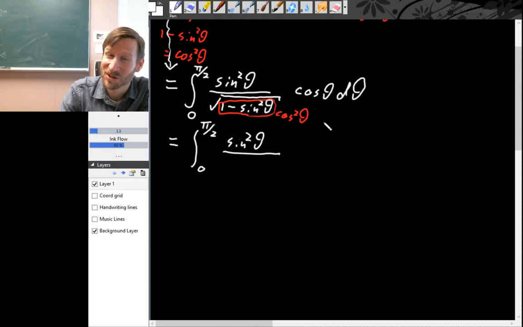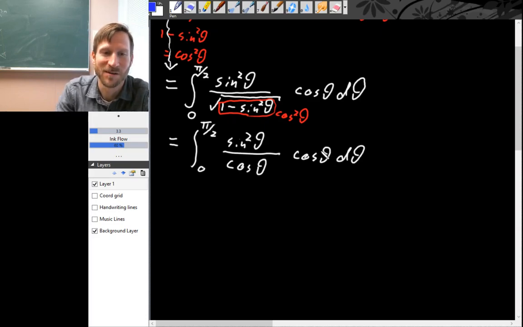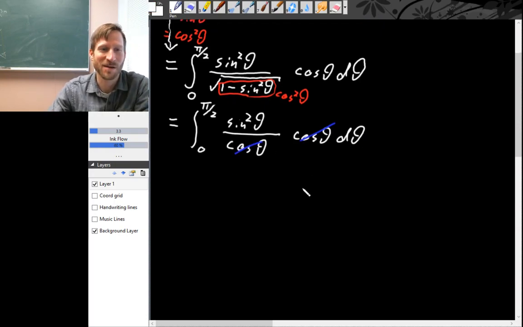Actually, it's the absolute value of cosine theta. But on this interval from 0 to pi over 2, cosine is positive, and so we don't need to write down the absolute value. We can just write cosine theta. Okay, and then the cosine theta d theta from before. And a miracle happens. The cosines cancel. It's almost like someone arranged for this to happen ahead of time.